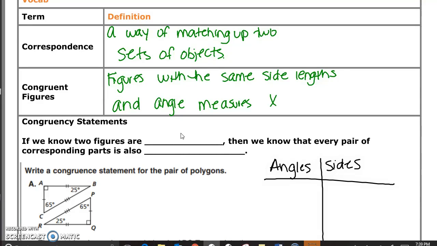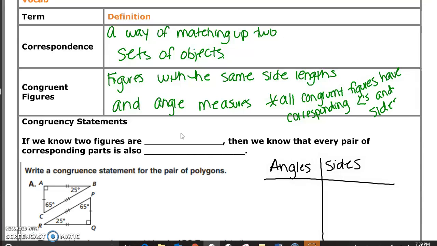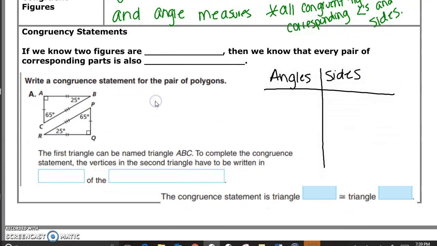I'm going to put a little note here that all congruent figures have corresponding angles and sides, and I'll explain what this means. Okay, so the entire lesson we're going to be writing congruency statements.